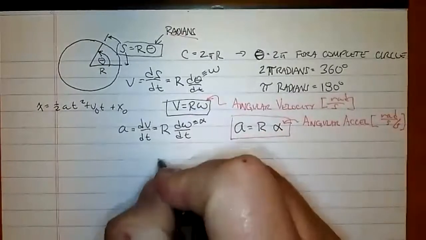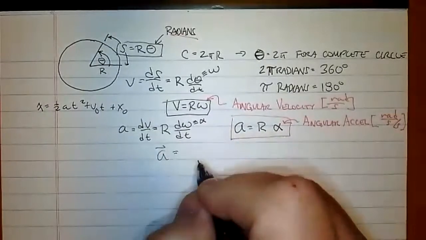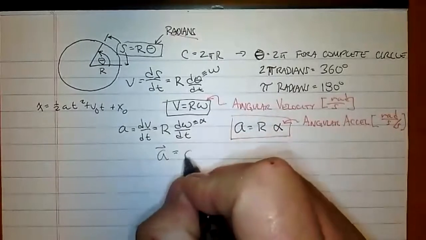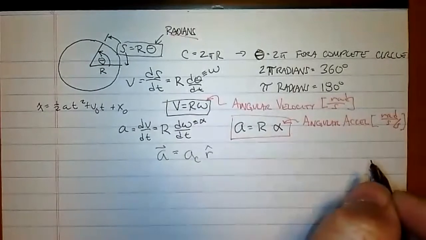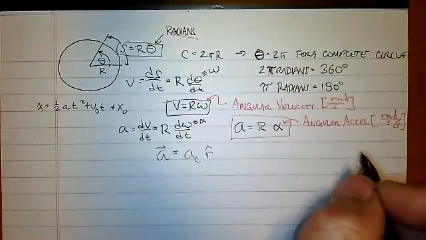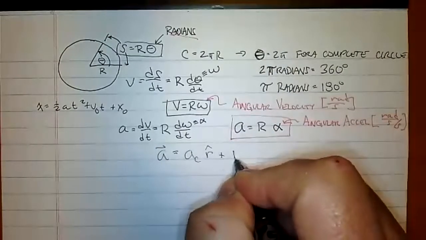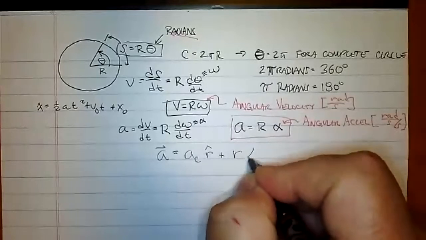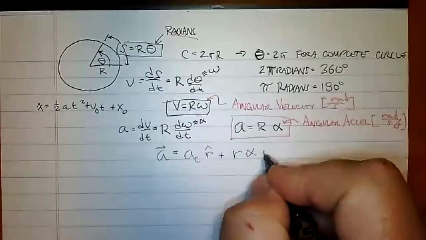So in general, the acceleration vector should be equal to the centripetal one, which we'll say is a centripetal in the r hat direction. And then we're going to have the angular one, which is r for any arbitrary r, that's why I wrote it lowercase, times alpha. And that's going to be in the theta hat direction.